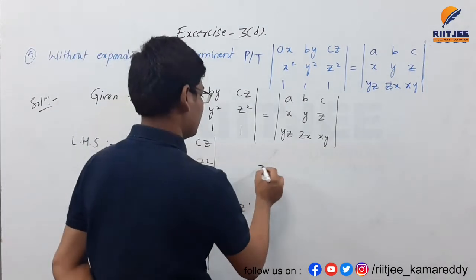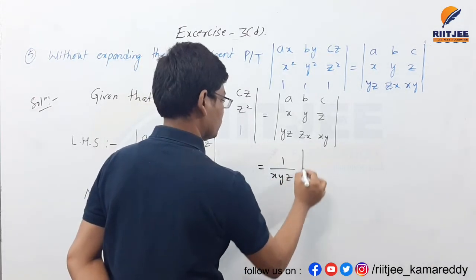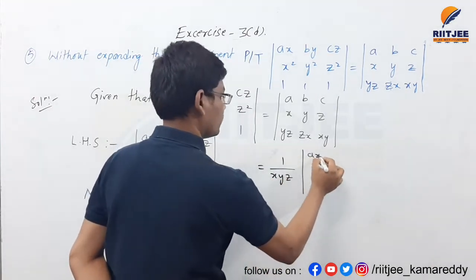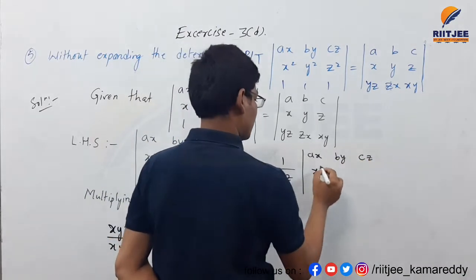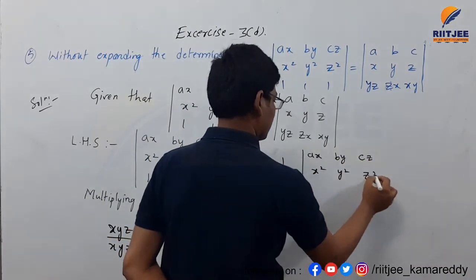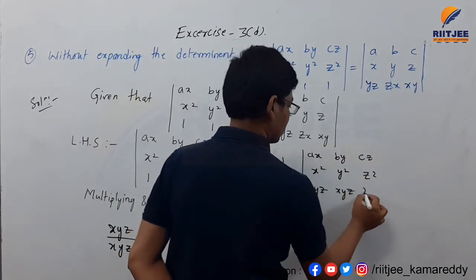Then what will happen here? 1 by xyz, ax, by, cz; then x square, y square, z square; then it will become xyz, xyz.